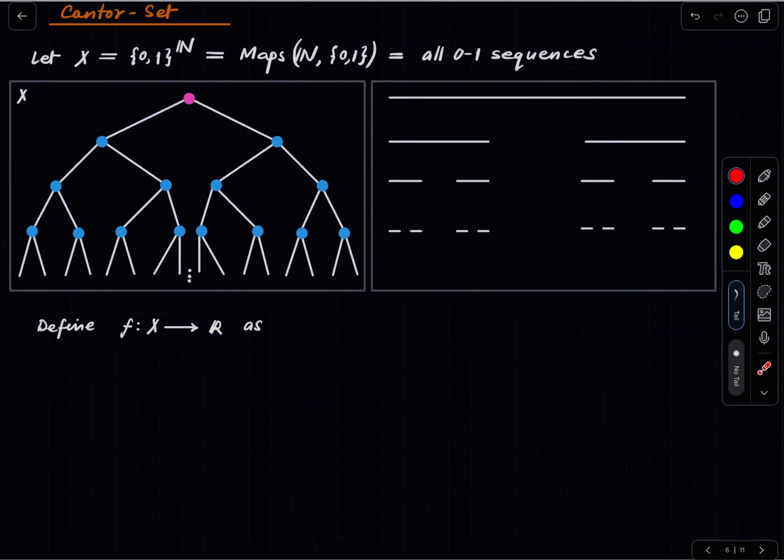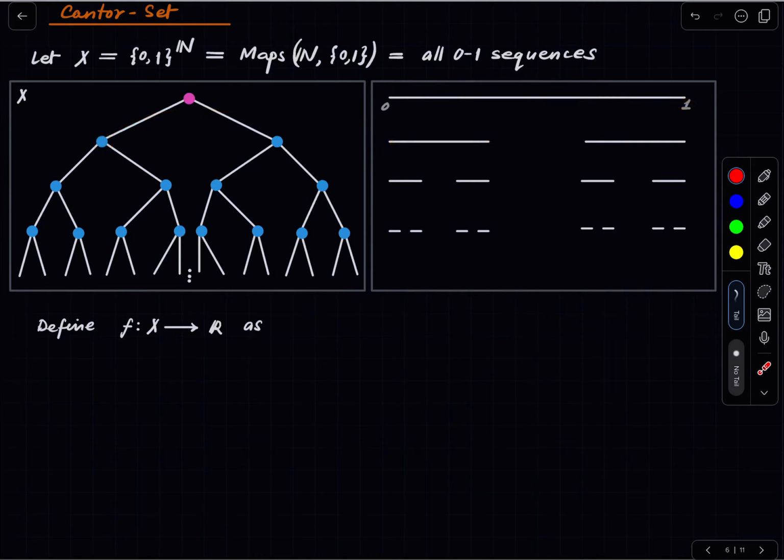Okay, now what we are going to do is associate to each element of X a real number. How? For this pink root, just consider this interval 0, 1. So this interval has endpoints 0 and 1. Okay. To this, associate this interval, which is the left third of the previous one.